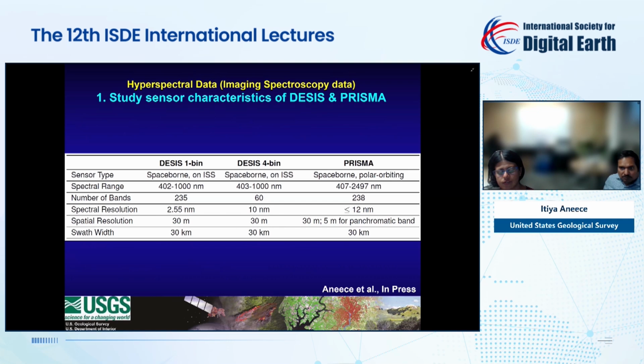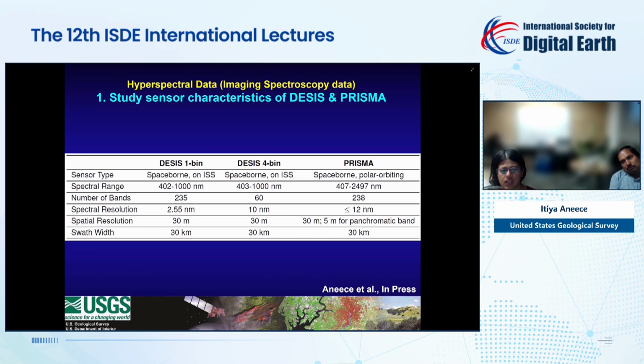Before getting into the different studies, I wanted to spend a few minutes looking at the differences and commonalities between Germany's DESIS and Italy's PRISMA. So both are spaceborne, but DESIS is on the International Space Station, whereas PRISMA is polar orbiting. DESIS collects data in the visible to near infrared region, whereas PRISMA also has information in the shortwave infrared region.